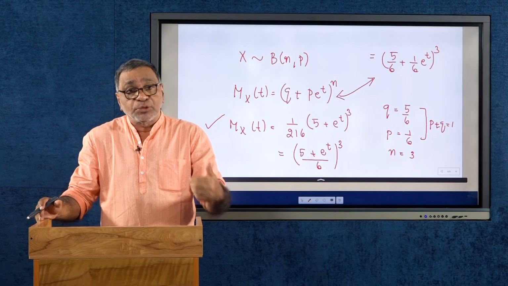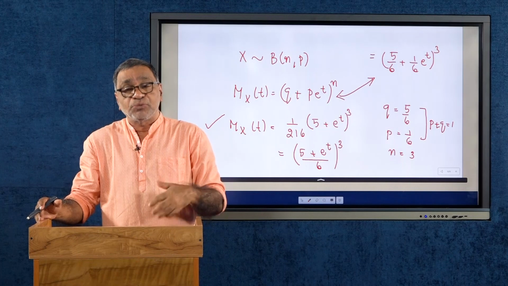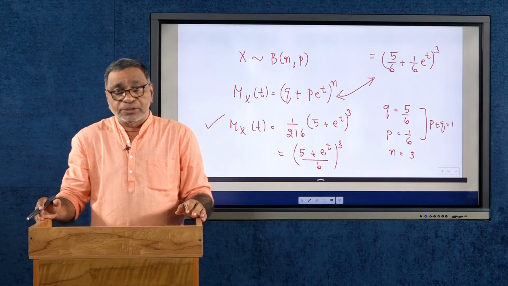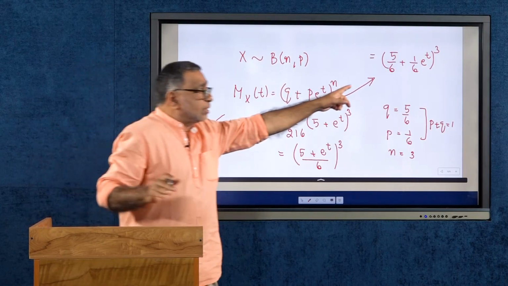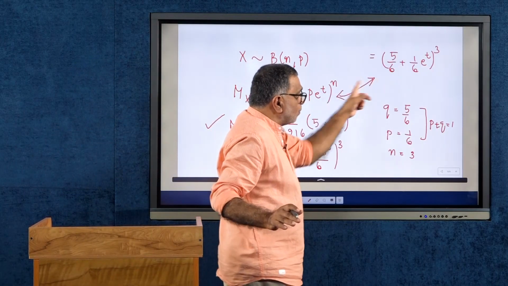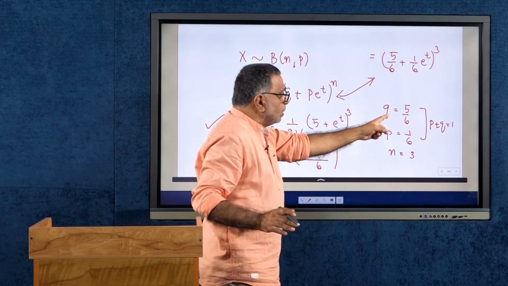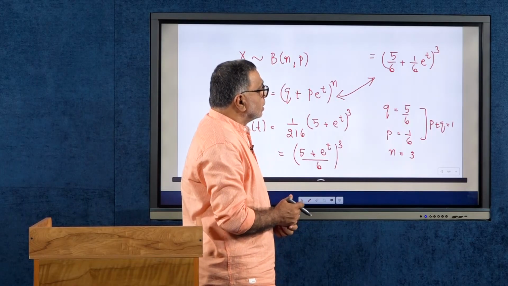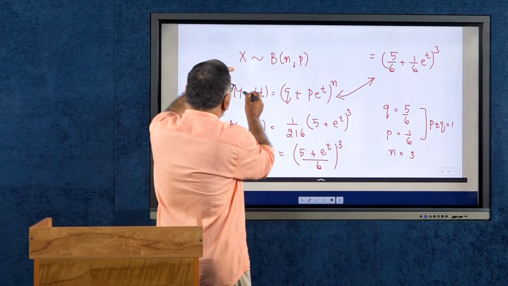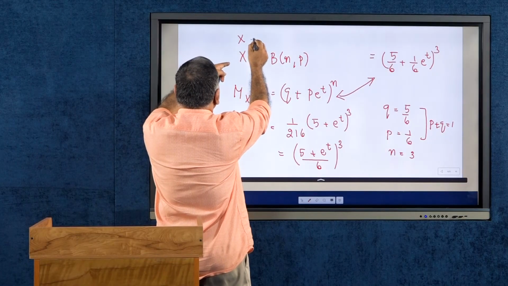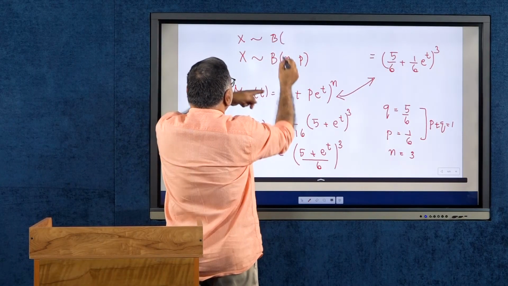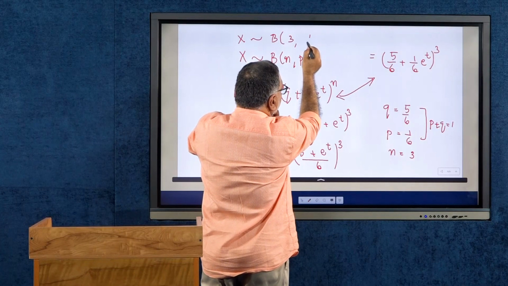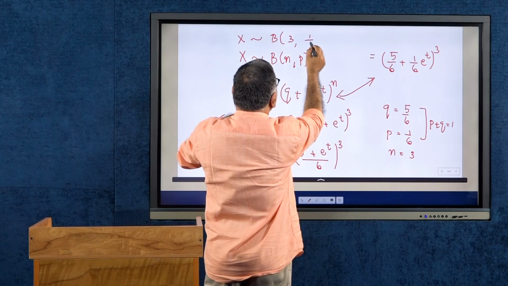And by the uniqueness property of the moment generating function, we can identify the distribution on the basis of the moment generating function. Since this is the moment generating function of a binomial random variable having parameters n equal to 3 and p equal to 1/6, you can conclude that the given random variable is nothing but binomial with n equal to 3 and p equal to 1/6.